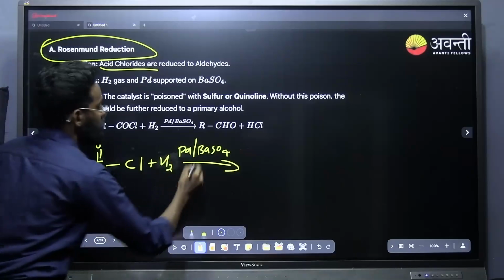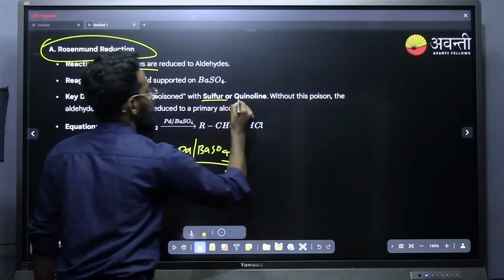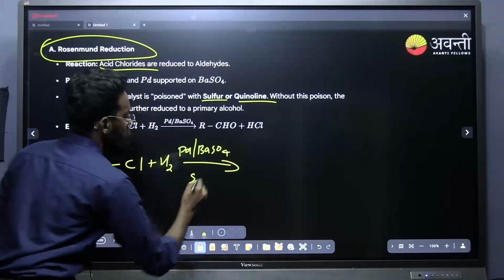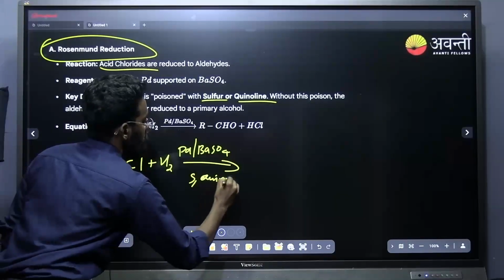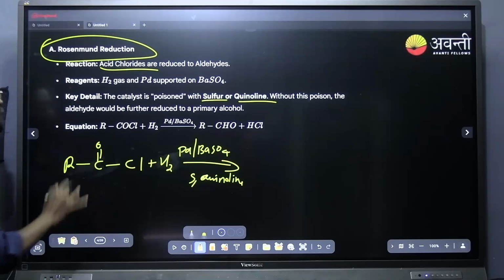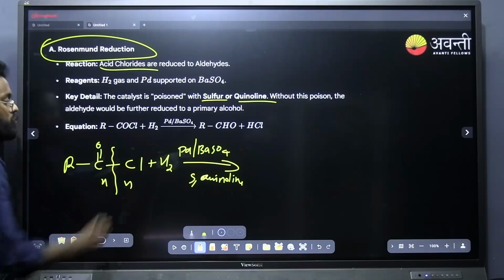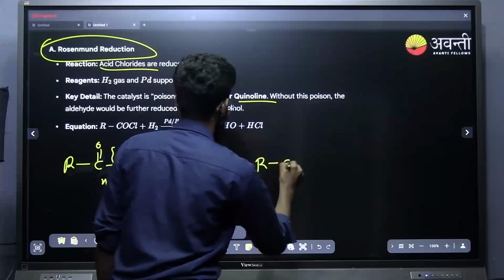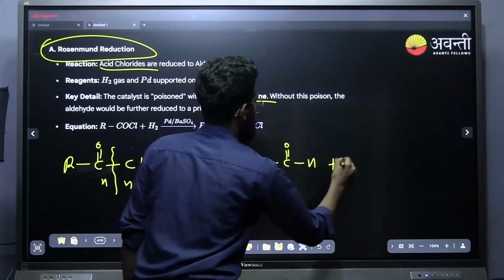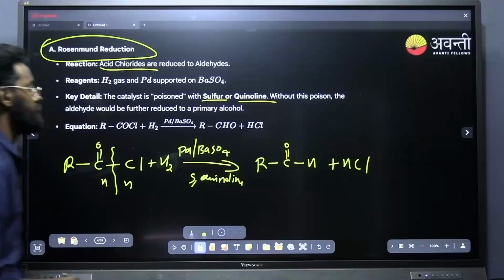Here we also have to use sulfur and quinoline, which is our poison. And what is the product we are getting? Just break this bond, put hydrogen between these two, and write the product: RCHO plus HCl. This is the product that you will be getting.